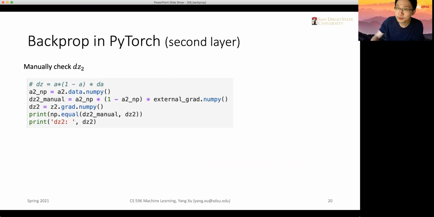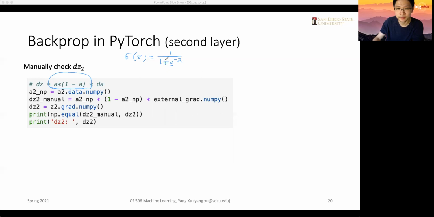Let's recall the derivative of a sigmoid function. We remember this formula: the sigmoid of z equals 1 over 1 plus e to the negative z.